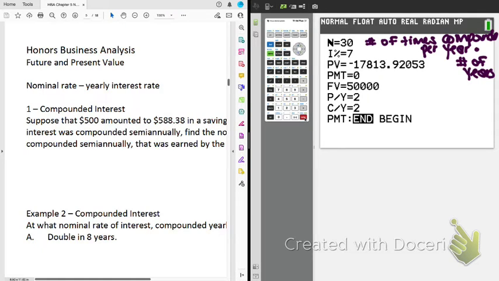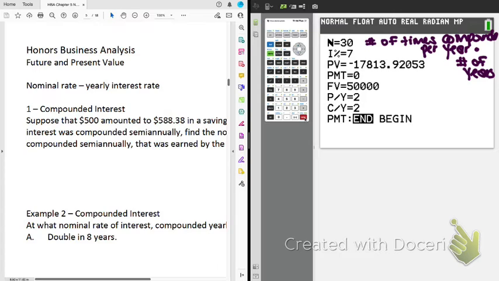Now, hopefully you have more room than I do right there, because that took a lot of space on mine, okay? N is number of times compounded per year times the number of years. So there's two things included in that. You will notice on this solver, I know we just did some of these formulas in the last unit. So in this solver, there is no T for time. That's because T is included in N, okay?